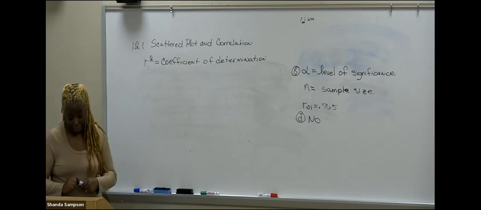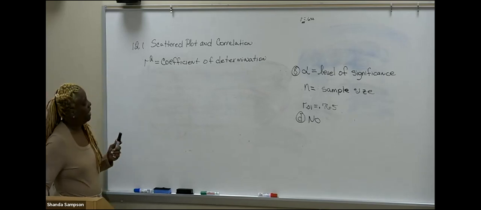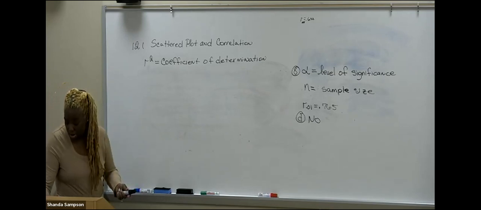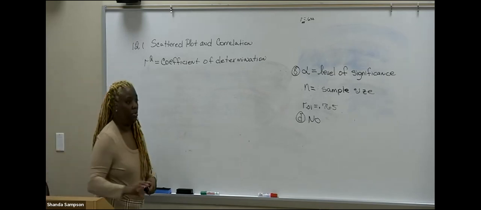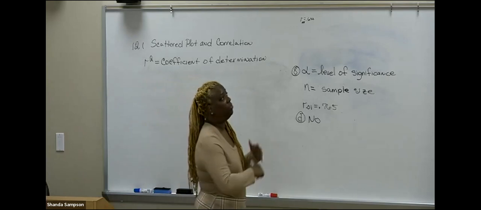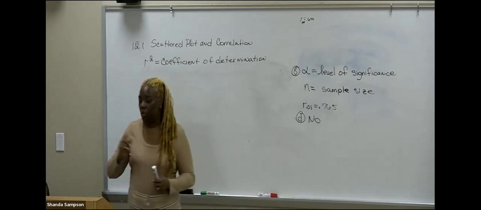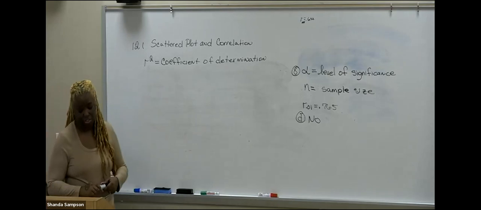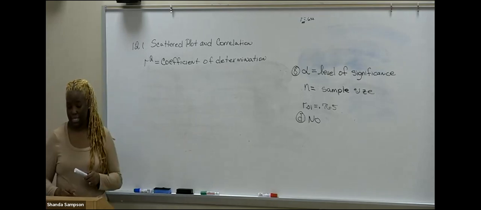So the proportion of variation in the response variable comes from the explanatory variable. And we put the coefficient of determination in percentages.